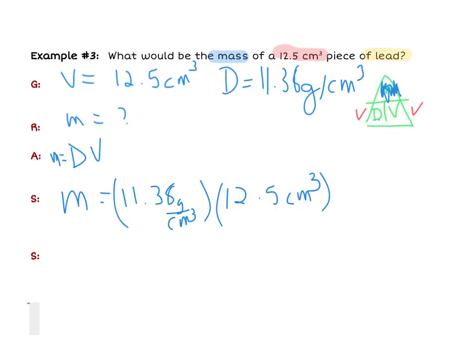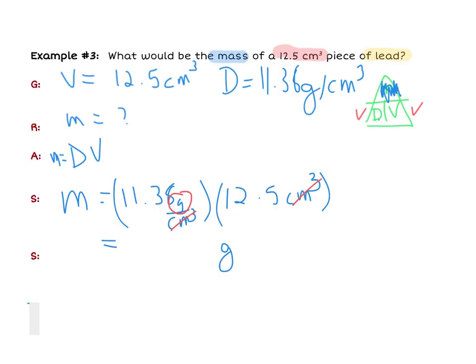And if I look at this carefully, I can see that my cubic centimeters are going to cancel, and my grams are what I'm going to be left with. So I know right off the bat that my units are going to be grams. Let's work out this multiplication. 11.38 times 12.5.